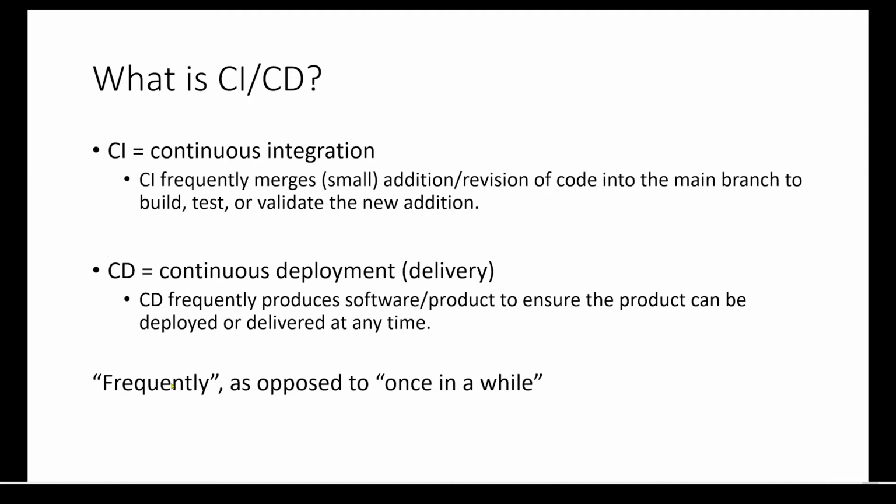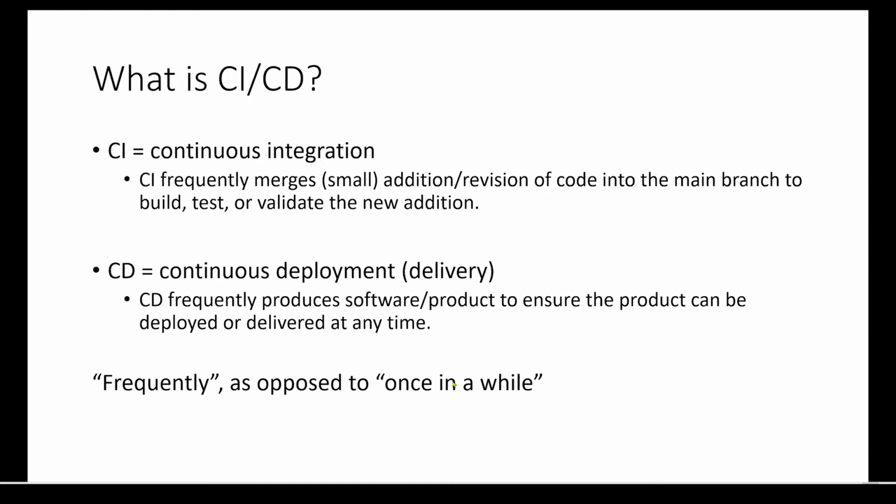And the word frequent is quite important in the sense that the old way of doing this is to do it once in a while, right? When you are writing a paper with co-authors, because the process of merging the changes is quite tedious, people put it off by saying, okay, we will do this every 3 days. Every 3 days, we are going to review the changes.